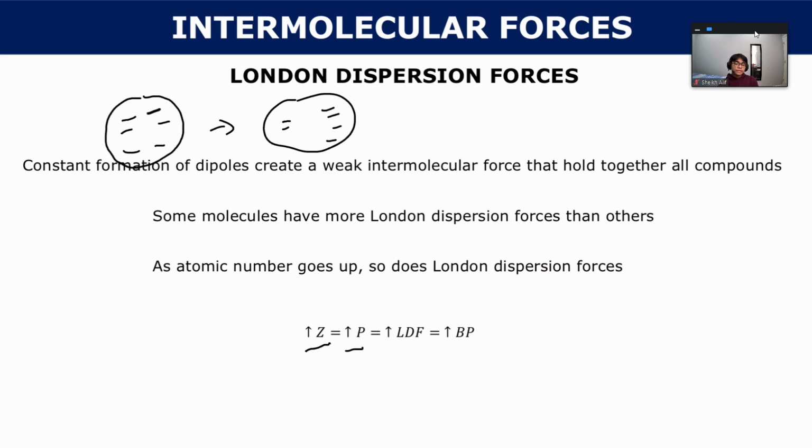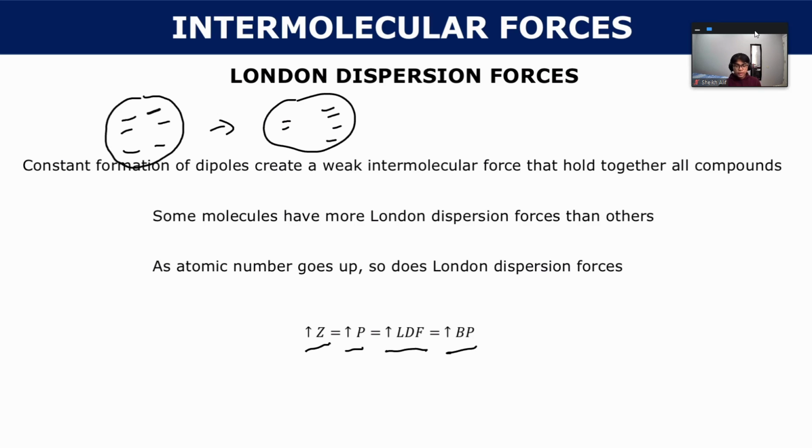Meaning, how likely is it by random chance for there to be more electrons on one side than another? How likely is it to be a temporary dipole moment? And as polarizability goes up, so do London dispersion forces. And remember, as a general trend, as all intermolecular forces rise, including London dispersion forces, you're also going to have an increase in boiling point. Boiling point is just a function of how much intermolecular force you have.